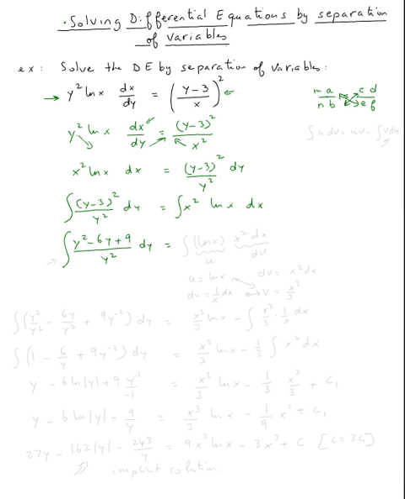Let me rewrite this as the integral of ln x times x squared dx. The reason I did that is that I'm going to call this u and this dv. Why did I do it this way? Because it's easier to find du.